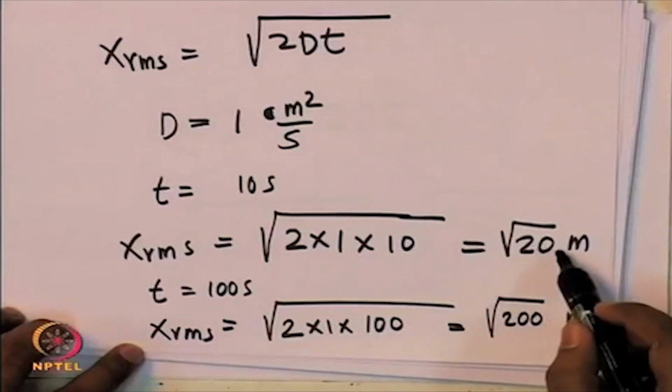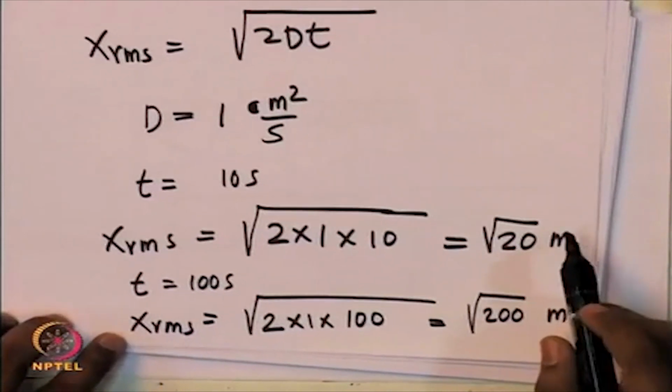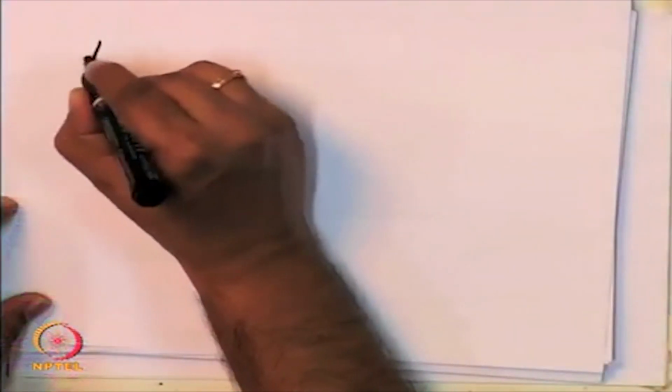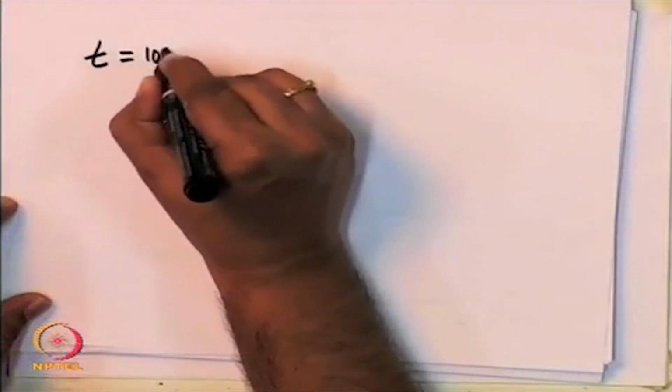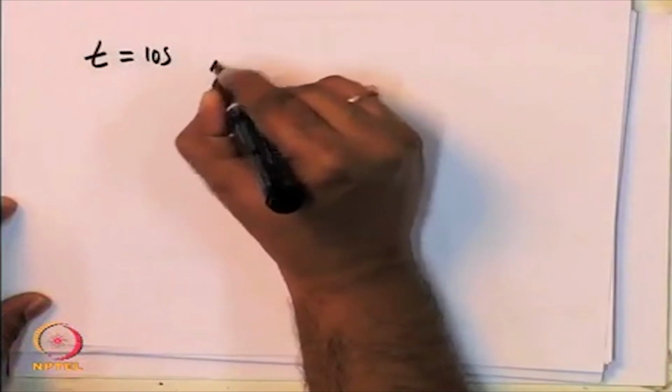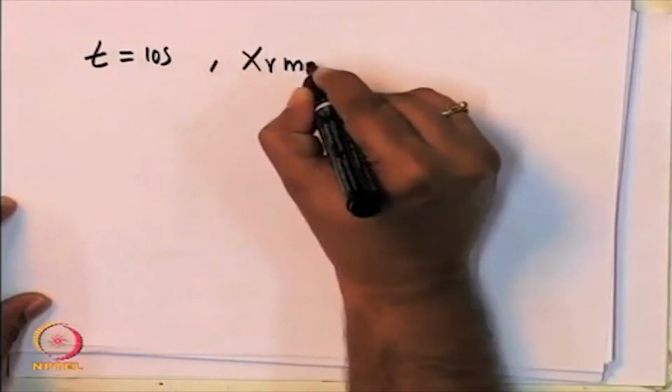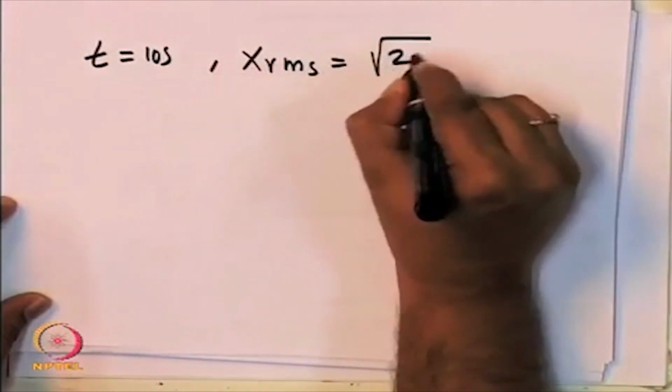So, you know root of 20, what is root of 20? Root of 16 is 4, root of 25 is 5. So root of 20 is somewhere in between 4 and 5. Let us look at the first case: when t is equal to 10 seconds, we get x RMS is equal to root of 20.